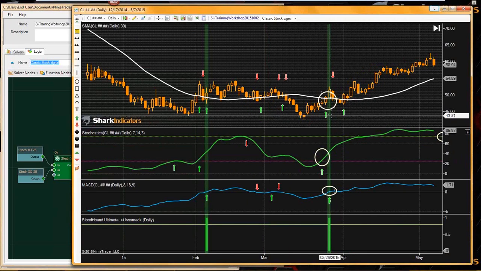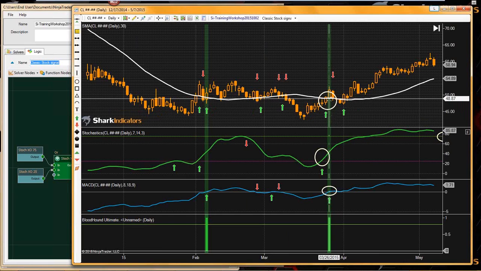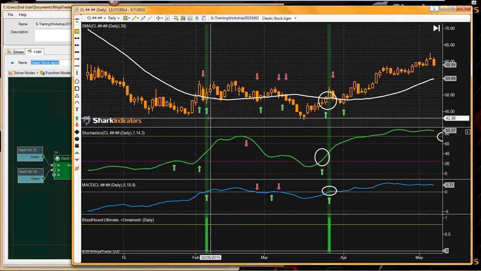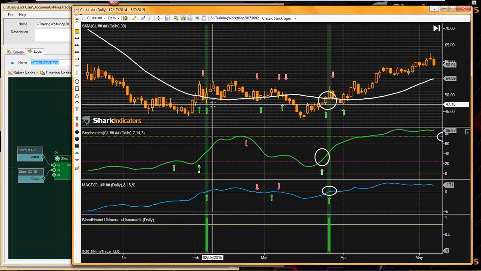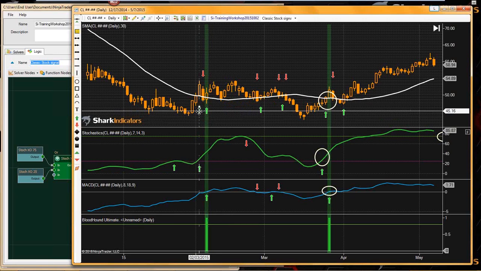Alright, so now we got one of the classic stock signals to fire off. Actually, we got a couple here. So yeah, we had the stochastic happen. Right, this happened 2 bars back, and looks like price happened there as well.